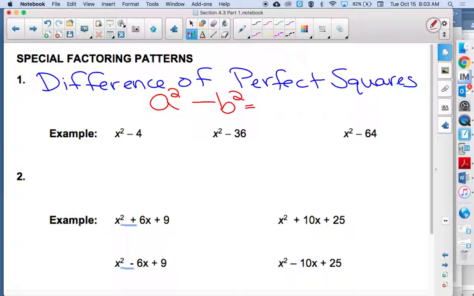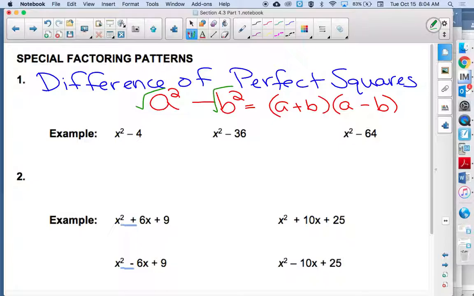The pattern then breaks it into 2 parentheses, one with a plus and the other one with a minus. Because they're perfect squares, what we're really doing is taking the square root of both pieces, and that's what goes in the parentheses.